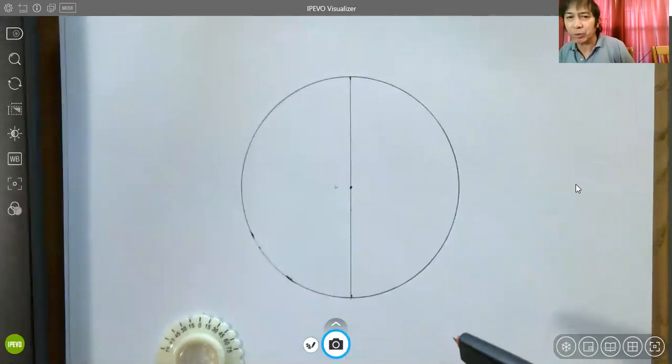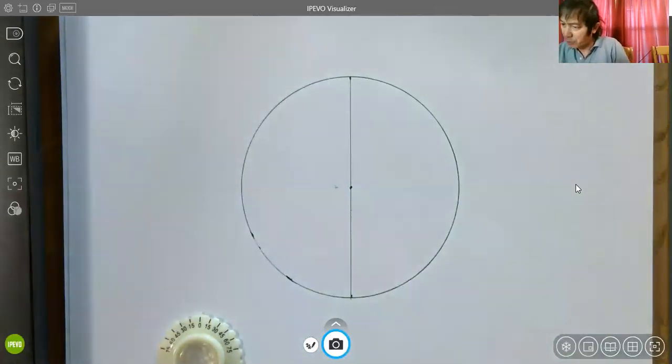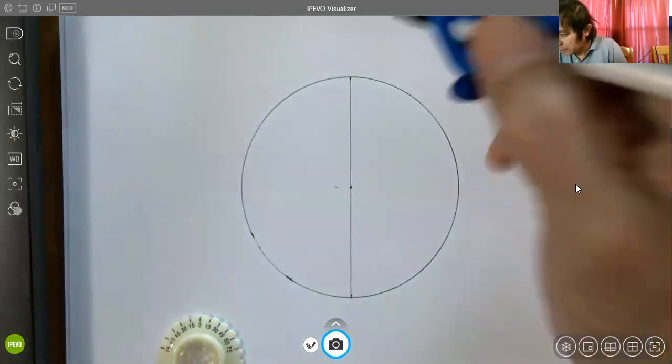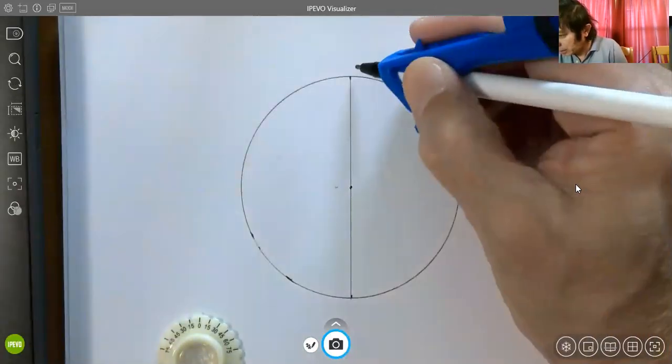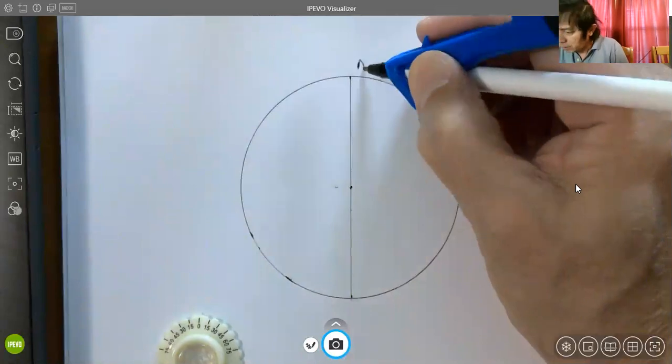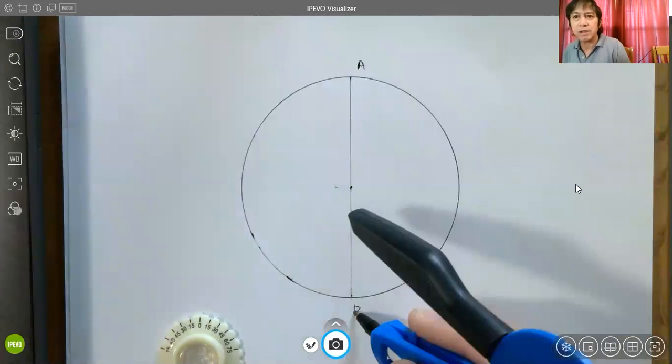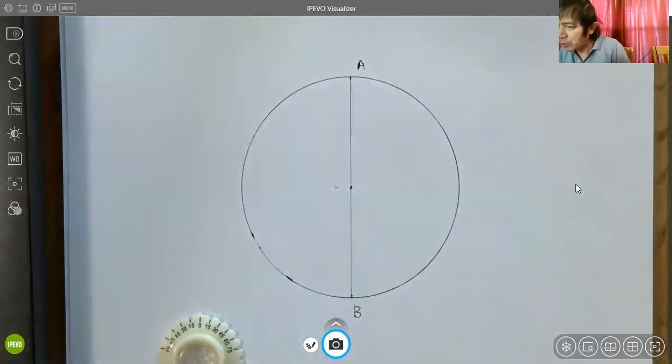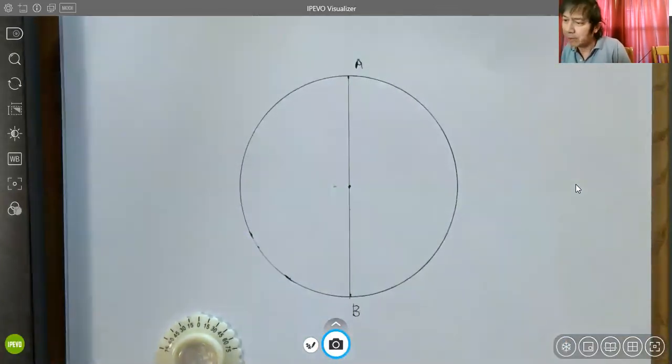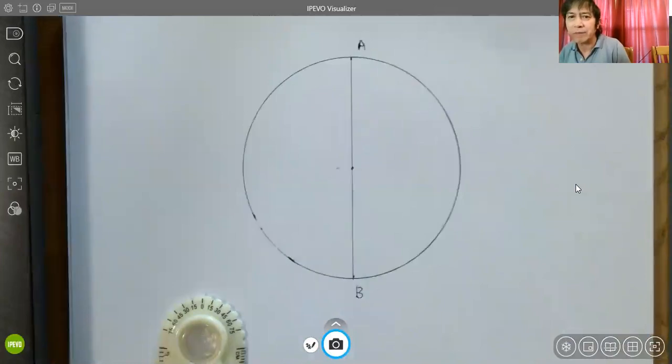Now we're going to make use of one of the endpoints and then draw arcs on the circle that will become the vertices of the equilateral triangle. Let's name the upper endpoint of the diameter A and then the lower B, like this. We shall use A as our top vertex.